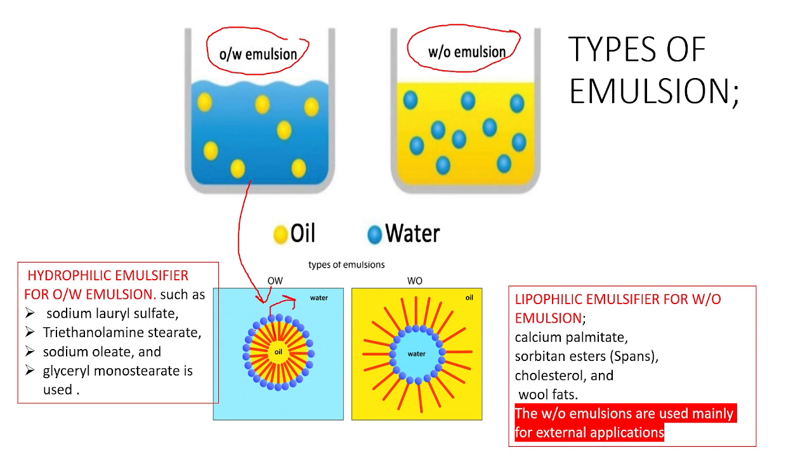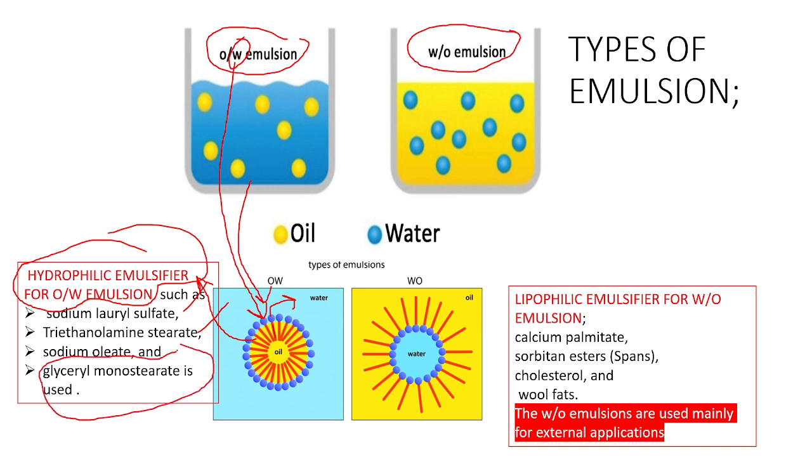The surfactant should be hydrophilic in nature because the continuous medium is water. Examples of hydrophilic emulsifiers that stabilize oil in water emulsion are sodium lauryl sulfate, triethanolamine stearate, sodium oleate, and glyceryl monostearate. These are the hydrophilic emulsifiers used for oil in water emulsion.